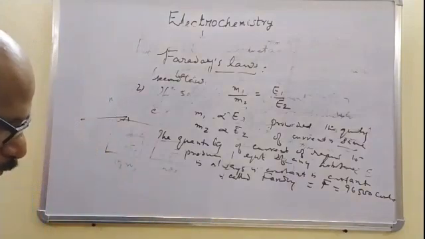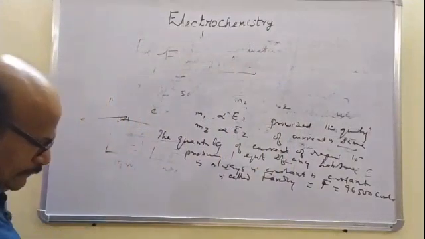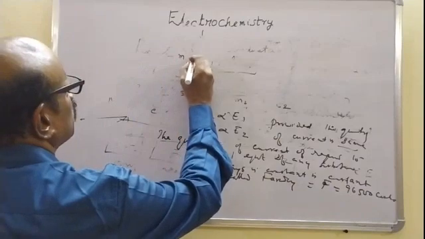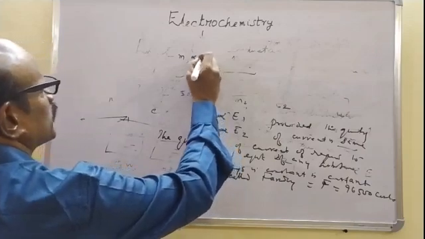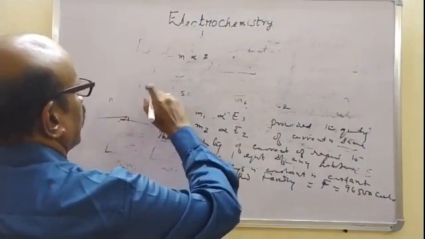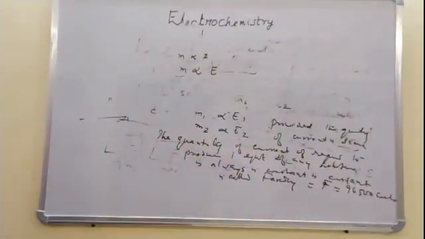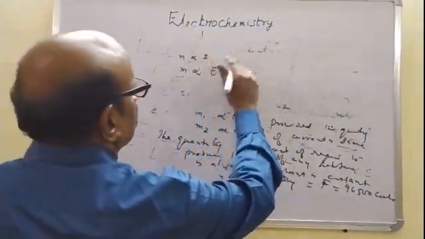That is the definition. Or we can write, from the first law, M is proportional to Z. According to the second law, M is proportional to E. Then you remember the quantity of current, according to the first law.